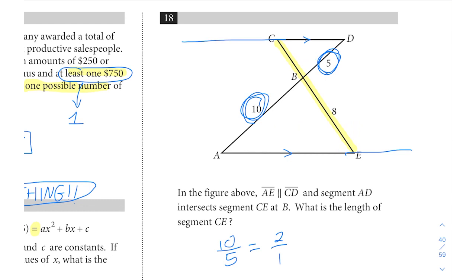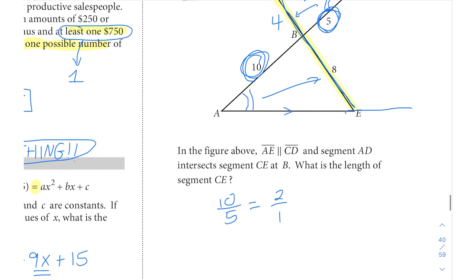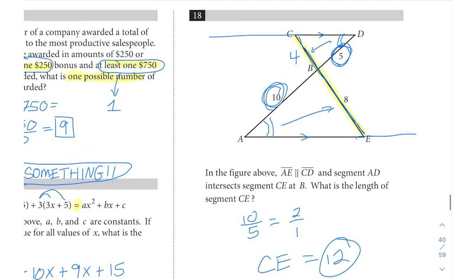If we look at these angles, which are also going to be equal, then this side across from that one is 8, and using that same ratio, if the bigger triangle is double the side length of the smaller one, that's enough information for us to figure out that this corresponding side is 4. And if we have the length of both of those pieces, now we can piece them together to get CE is equal to 12 once we add them up.